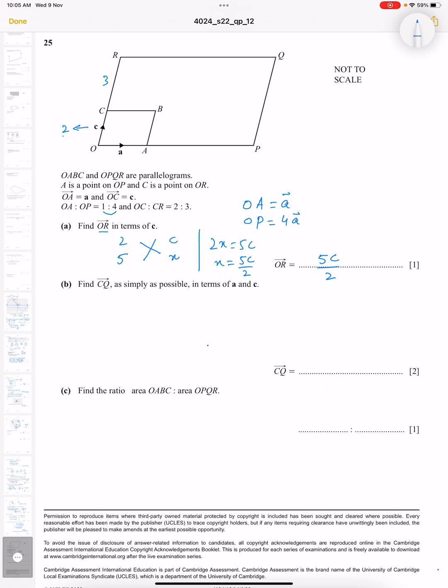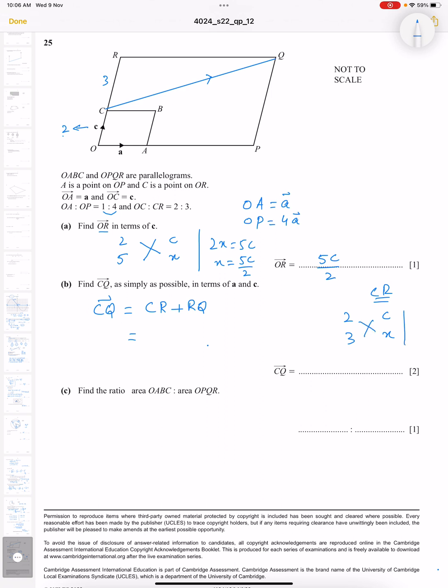Fine. And the B part, find CQ as simply as possible. This is CQ. So we can track down CQ as CR plus RQ. What is CR? Since CR in ratio is 3, let's find out CR. Since the ratio 2 is represented by C, the ratio 3, let's make it x.